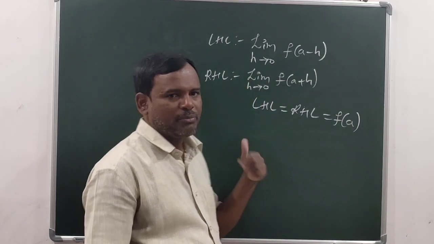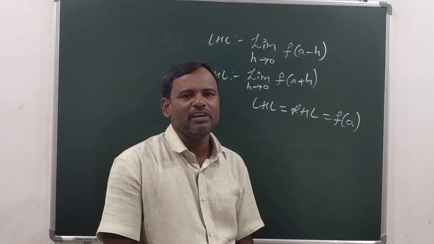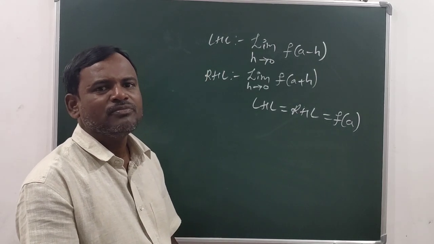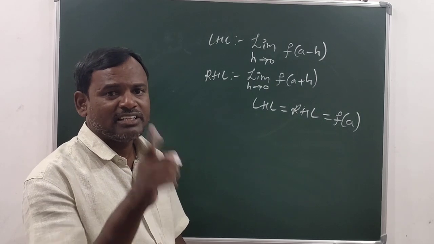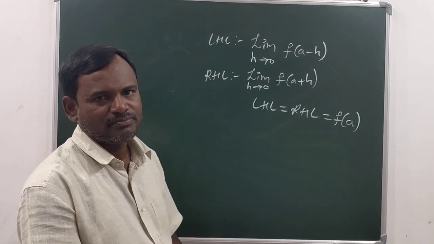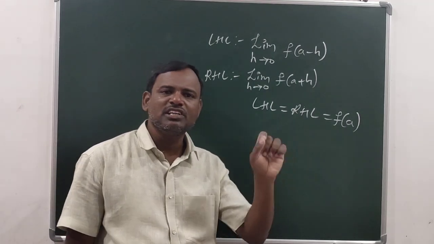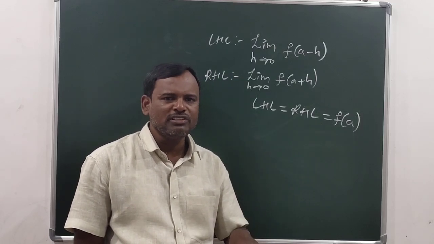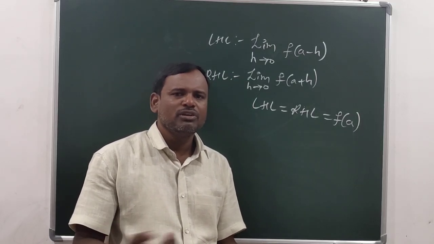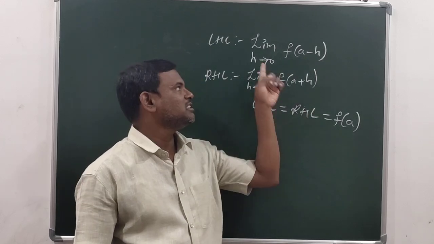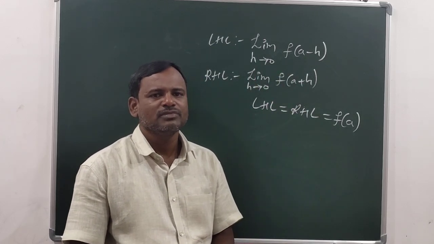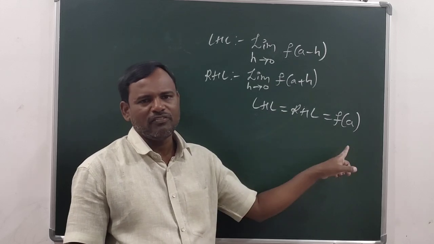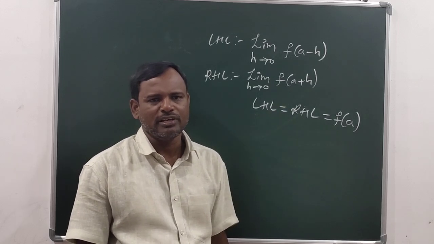Okay, but at present we are discussing differentiability of a function. When you have to say a function is differentiable at x equal to a, that function must be continuous. So you have to check whether the function is continuous or not. To check continuity you can approach your own methods, but these are the standard formulas. Whenever LHL is equal to RHL is equal to f of a, then that function is continuous.